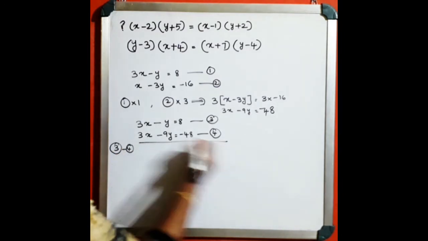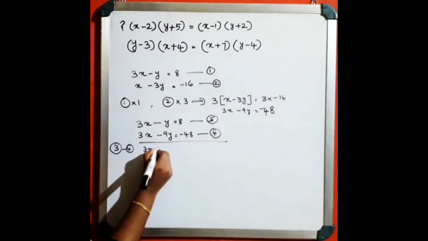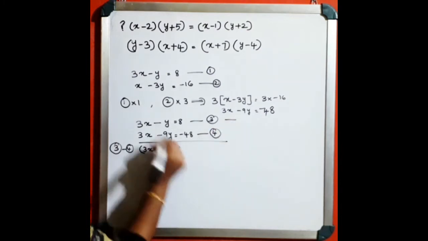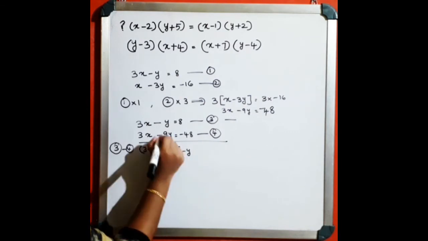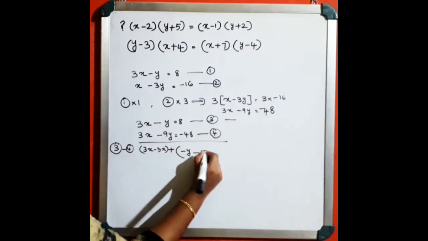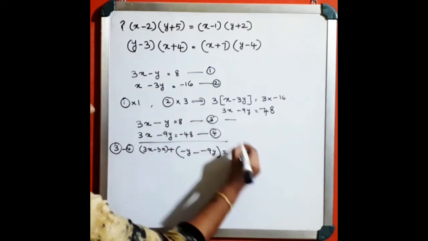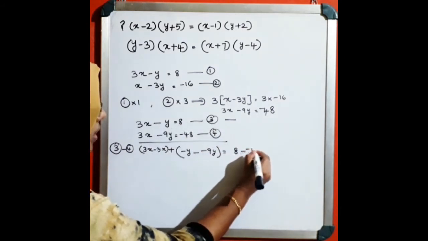We get 3x minus 3x plus here minus y minus 9y is equal to 8 minus 48.